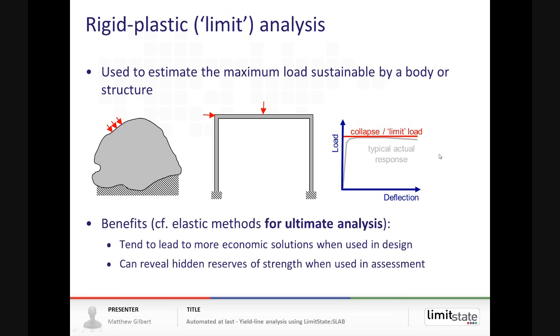The major considerations as far as the engineer is concerned are when it comes to analysing the ultimate or collapse limit state. If you use elastic methods, then you can end up with conservatism, basically. Conversely, when you use plastic methods, you tend to get more economical solutions when you're thinking about the design context, and in assessment you can reveal hidden reserves of strength.